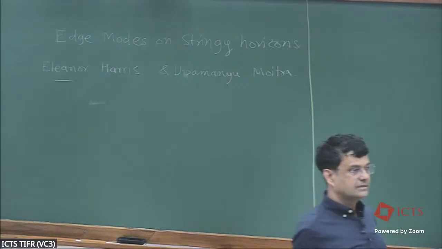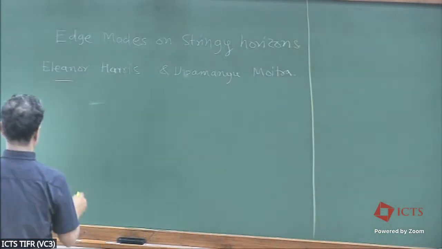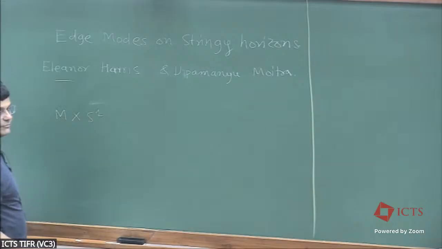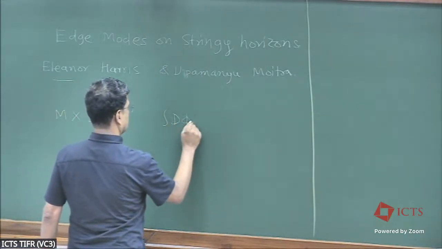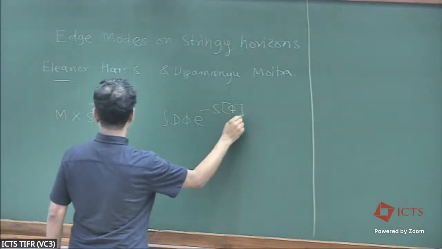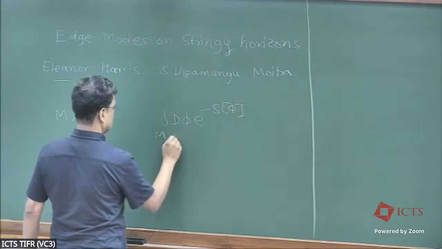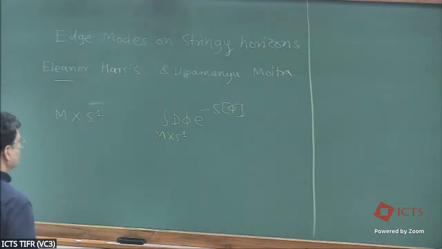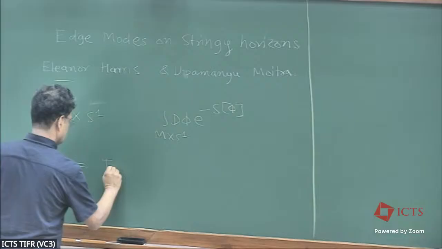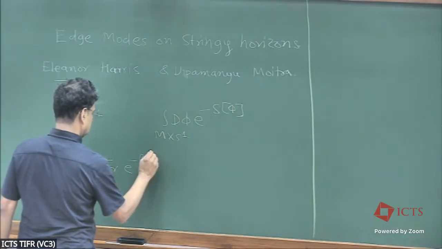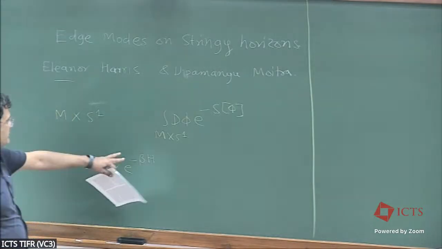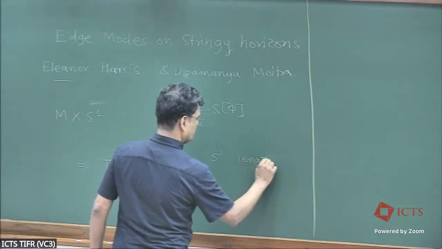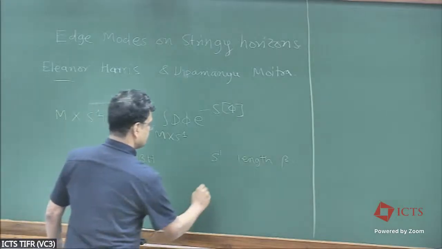Okay, so let me just say a few words. If you have a Euclidean path integral on some manifold M cross S1, then we know that following Feynman's standard steps, this admits a natural interpretation as a trace, where beta is the length of the S1 and H is the translations.